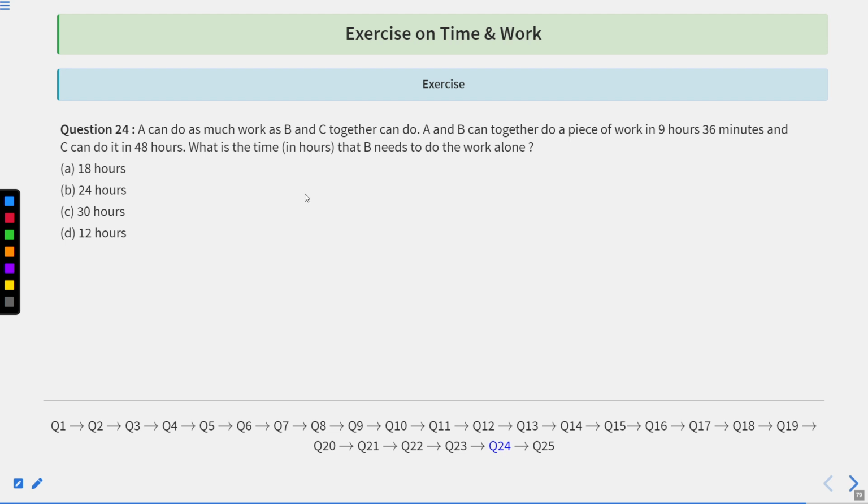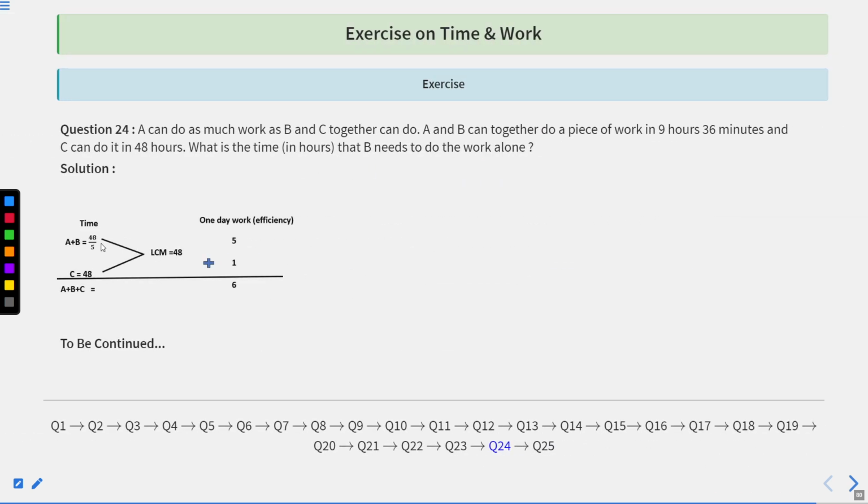Question number 24. A can do as much work as B and C together can do. So looks like A is a lot more efficient than B and C. A and B can together do a piece of work in 9 hours 36 minutes, and C can do it in 48 hours. What is the time in hours that B needs to do the work alone?